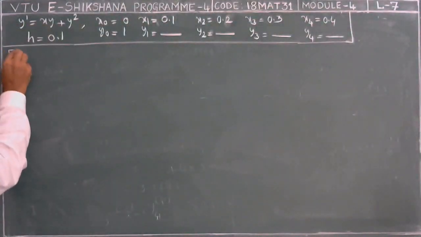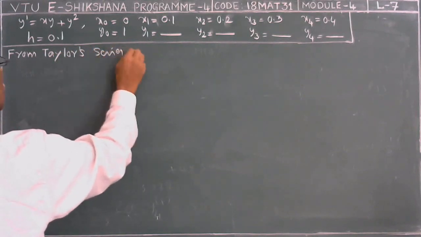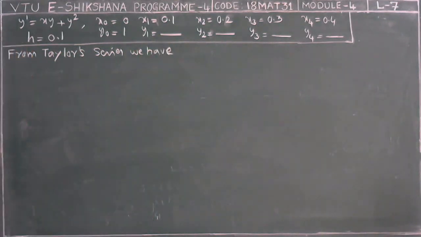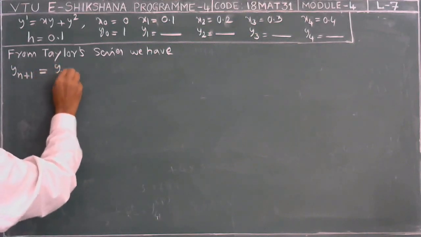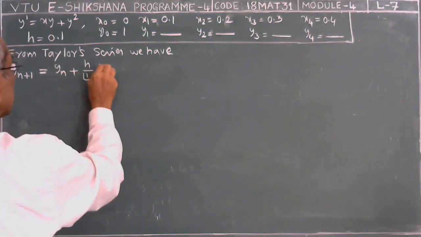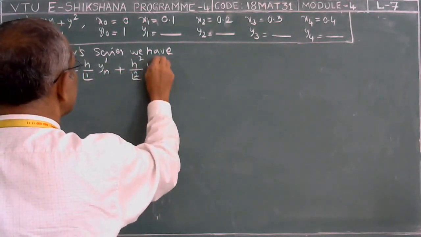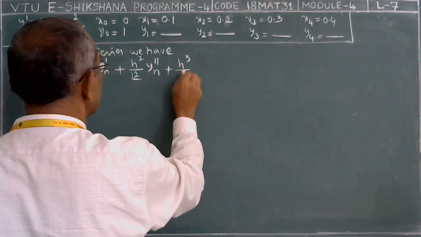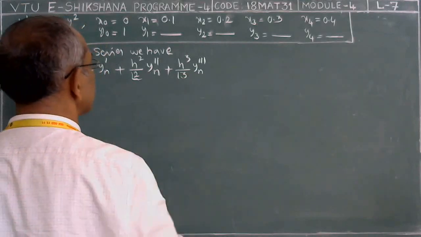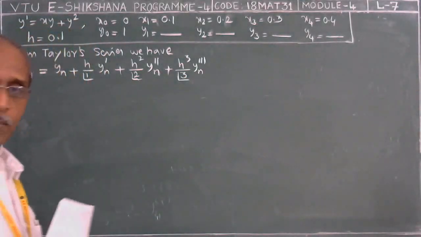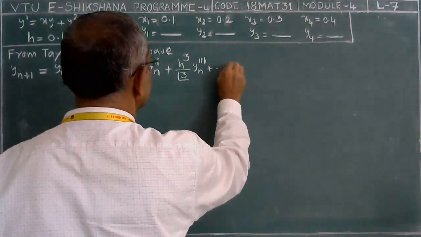From Taylor series, we have y n plus 1 is equal to yn plus h divided by factorial 1 into yn dash, plus h square divided by factorial 2 into yn double dash, plus h cube divided by factorial 3 into yn triple dash, etcetera, an infinite series.